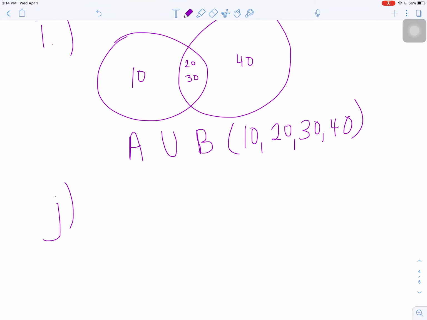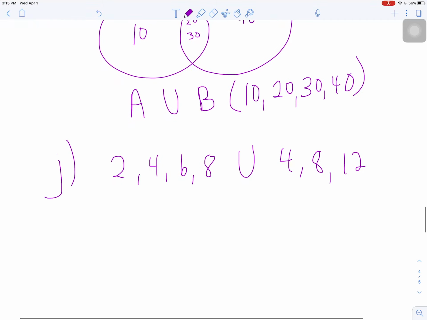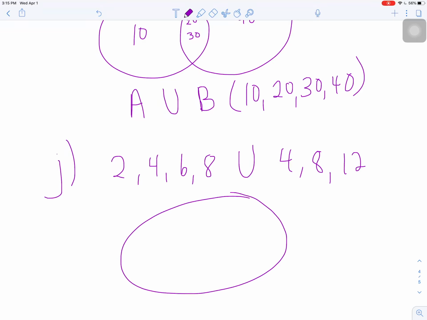All right, and then the last one that we have for this set is J. J says if we have 2, 4, 6, 8, and we have a union with 4, 8, and 12, what do we get? Well, let's put that together. This is slightly different because the one completely falls within the other. We have 4 and 8.